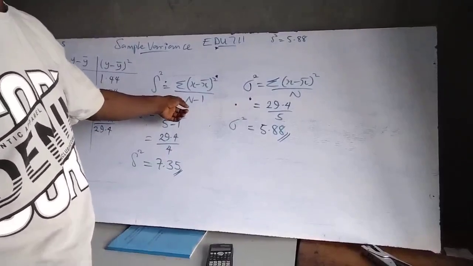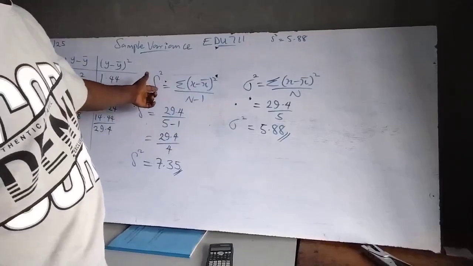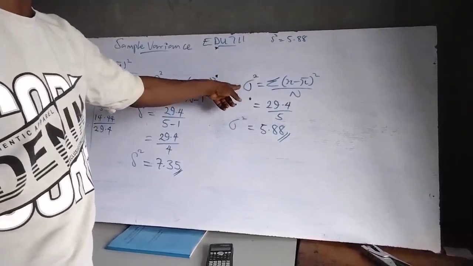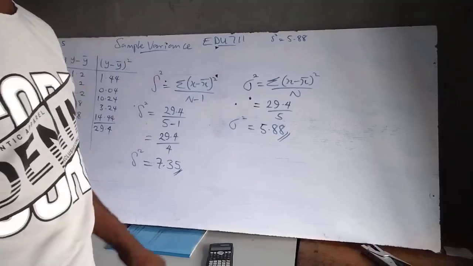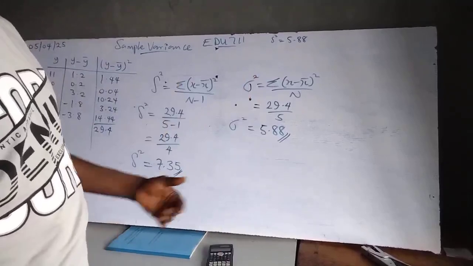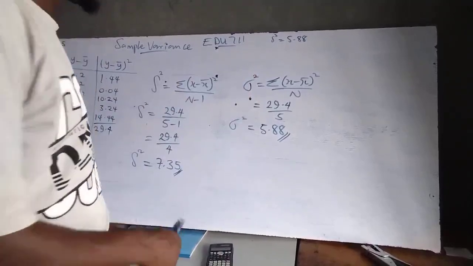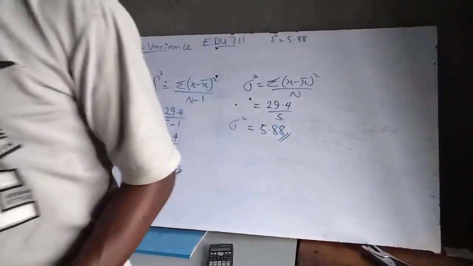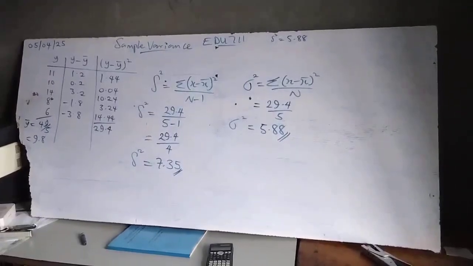And the answer is yes, because for correlation we do not need sample variance. What we need is population variance, because that will be used eventually to get our population standard deviation, which we use for correlation. But for t-test, n minus 1 is what you need. So that's about that.